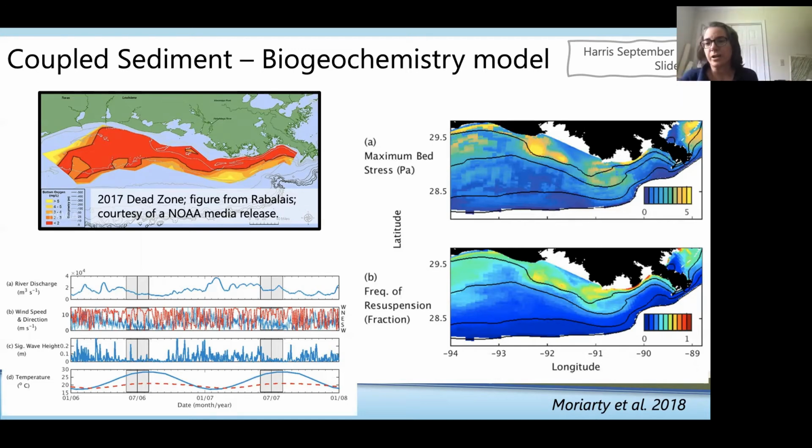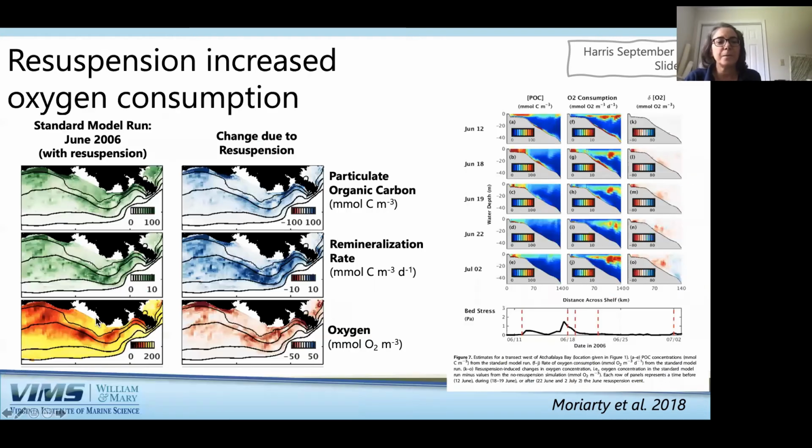And that has an impact on the spatial patterns that we see in the oxygen here, with the low oxygen being under the areas where we have the stratification from the fresh water.